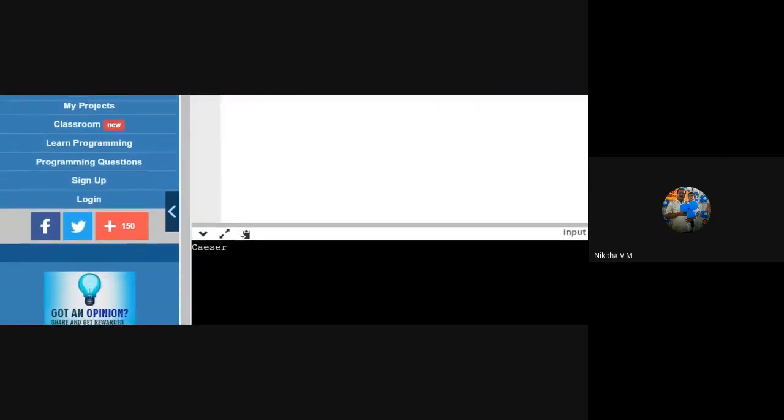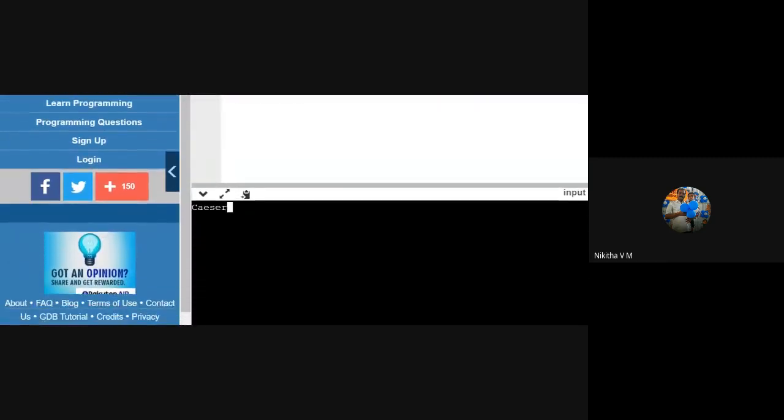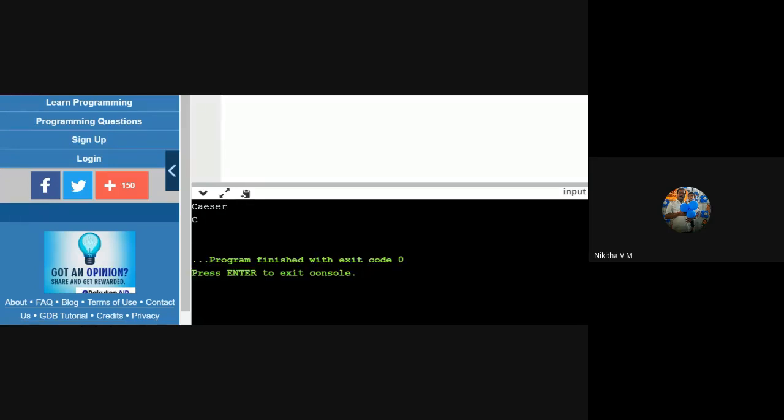Min of s. C, exactly, because I'm taking uppercase C. Even if I'm having lowercase a, uppercase C is less than lowercase a. So that's the reason it's C. Clear with this?